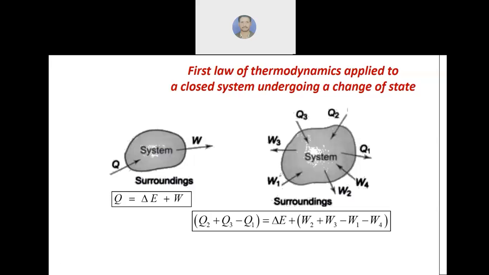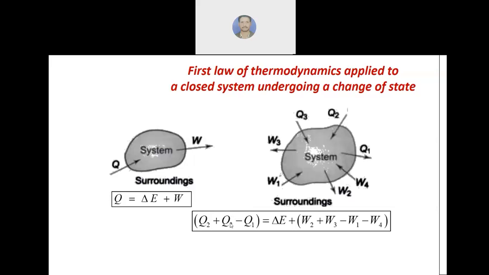And if heat is going out from the system, if the system is losing heat, then it is taken as negative. So from this diagram you can write the expression Q2 plus Q3, because these are added to the system, minus Q1. Why? Because Q1 is the amount of heat the system is losing, going out from the system.